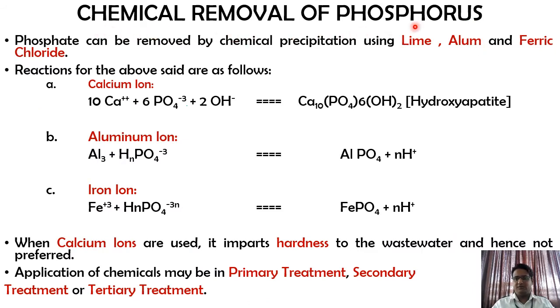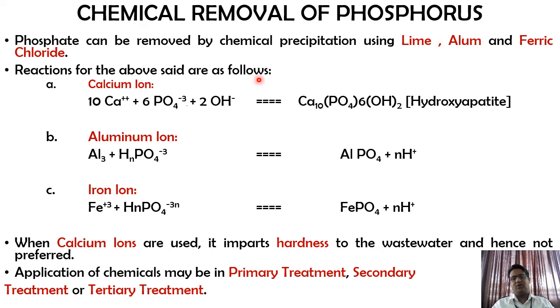Chemical removal of phosphorus. Phosphate can be removed by chemical precipitation using lime, alum or ferric chloride. Basically, the phosphate stripper we studied in the previous slide works on the same principle. The reactions for these are as follows.